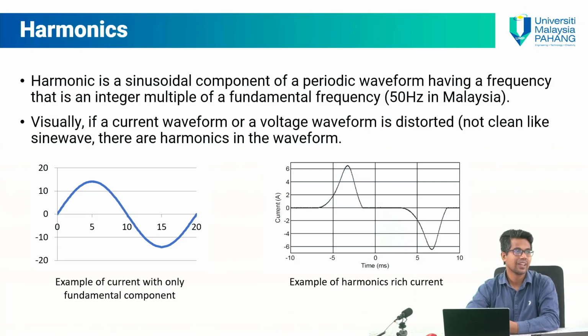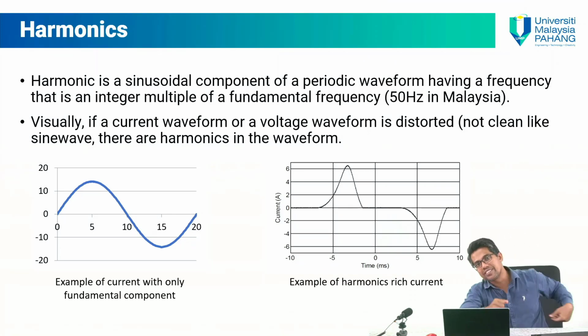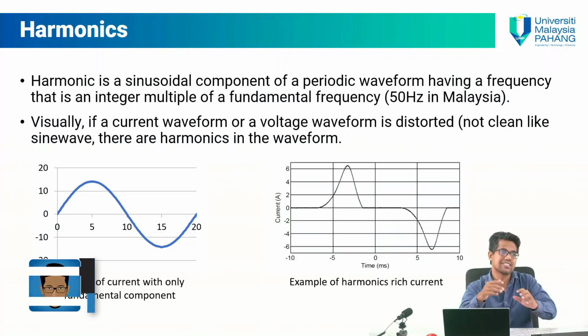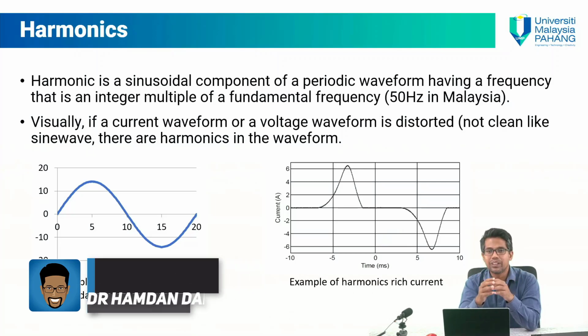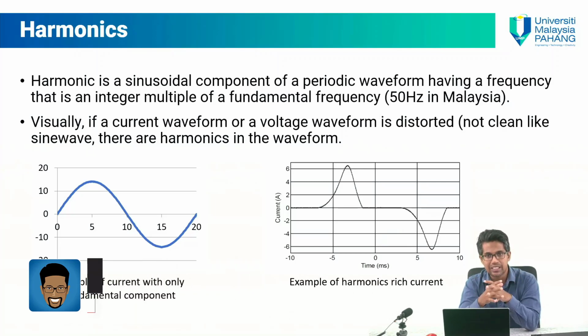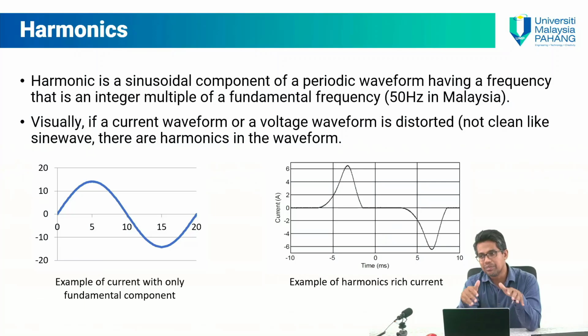Okay, so as we learned previously, harmonics are sinusoidal components of a periodic waveform at integer multiples of the fundamental frequency. In Malaysia our fundamental frequency is 50 Hz, so harmonics might be 100 Hz, 150, 250.